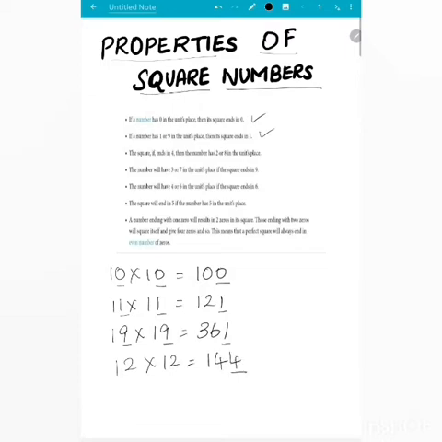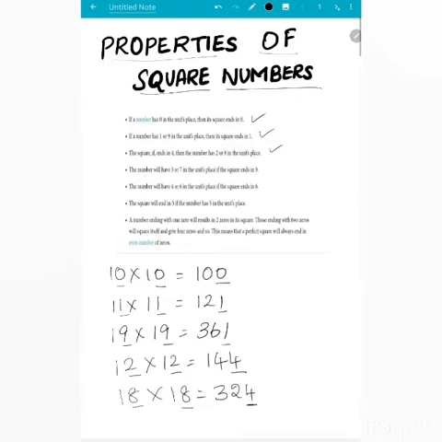Or 18 into 18, it is 324. So if the square number ends with 4, the units place should be 2 or 8. So this is the third one.